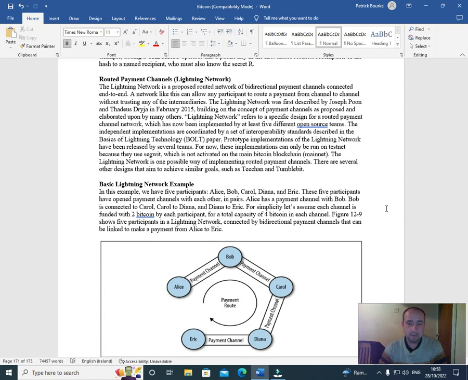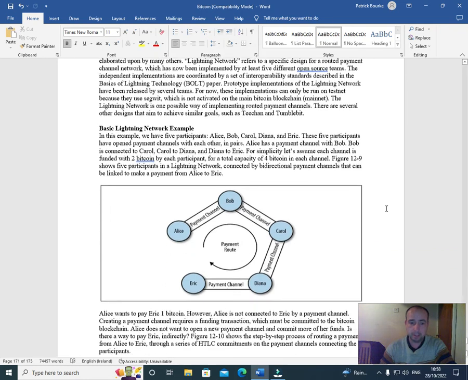For now, these implementations can only run on testnet because they use SegWit, which is not activated on the main Bitcoin blockchain, mainnet. The Lightning Network is one possible way of implementing routed payment channels. There are several other designs that aim to achieve similar goals, such as Tumblebit.